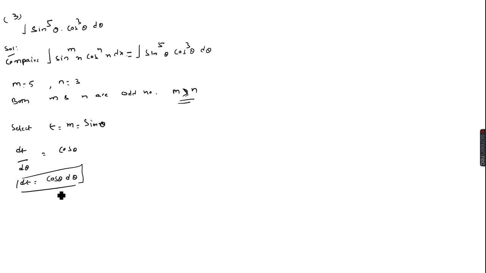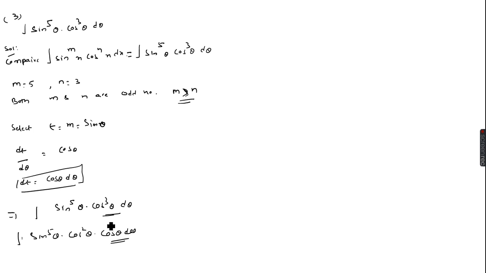Okay, and here it can be written as sin power 5 theta cos cube theta into d theta. From cos cube theta, only one cos theta is needed. So therefore it can be written as sin power 5 theta into cos square theta into cos theta into d theta.